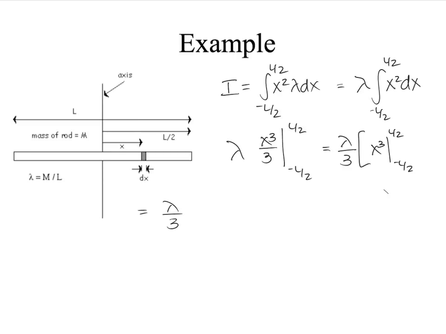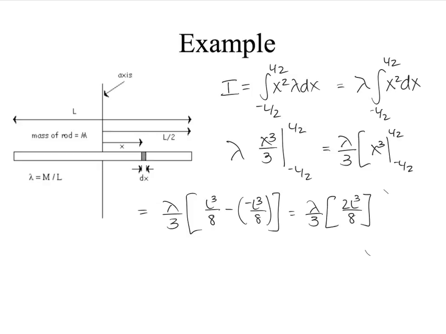And when I put in my limits, I'm going to get L cubed over 8 minus minus L cubed over 8, which is going to give us 2L cubed over 8, which can simplify to lambda over 12 times L cubed.